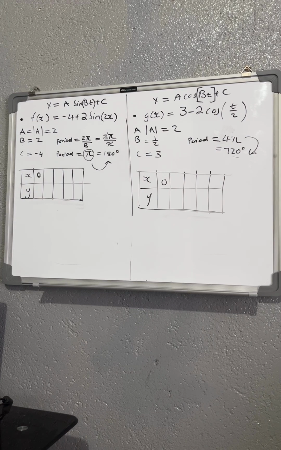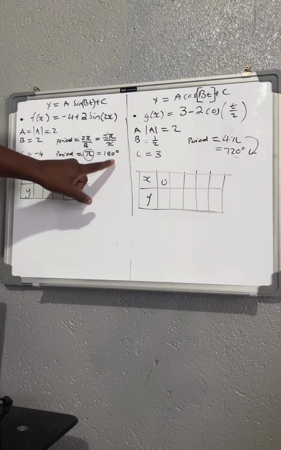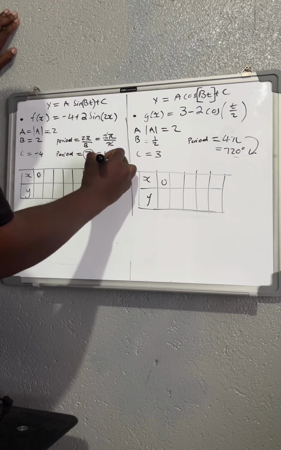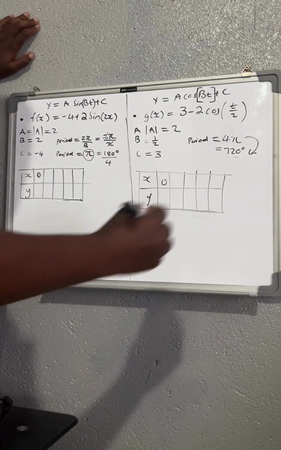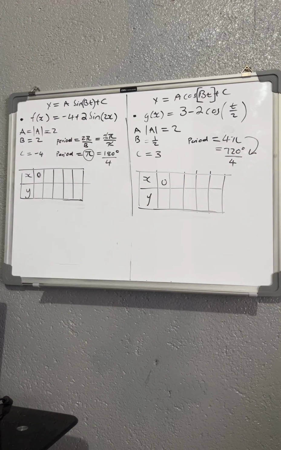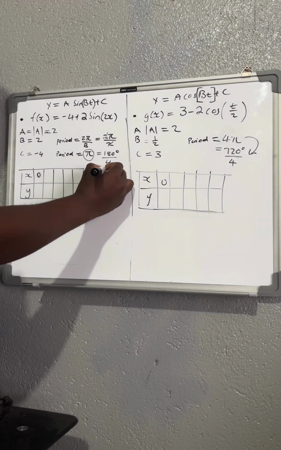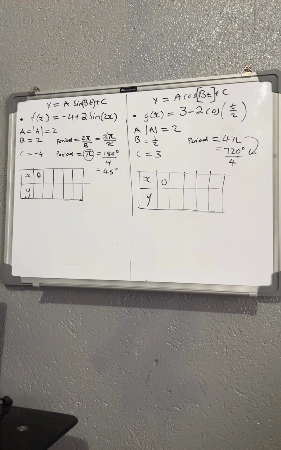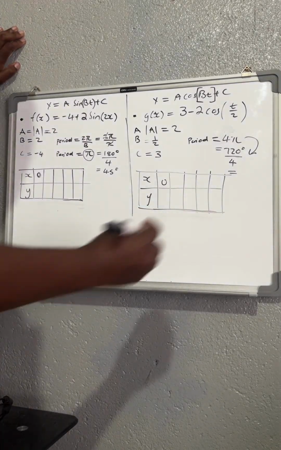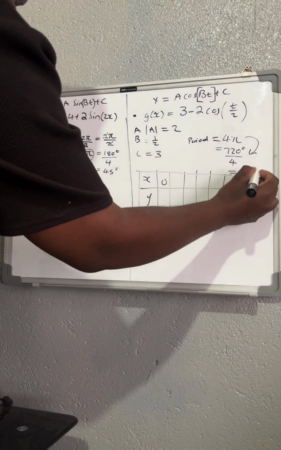So now it means you're going to have this 180, then you're going to divide it by 4. Same thing this side, you have your 720, you divide it by 4. Then your 180 divided by 4 gives you your 45 degrees. Then this gives you 180 degrees.